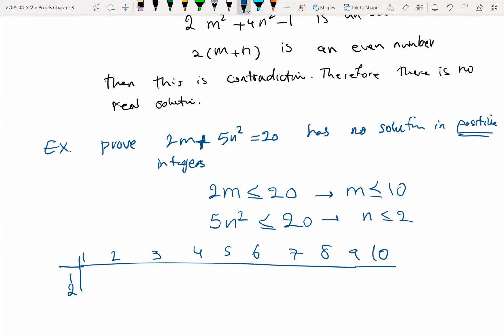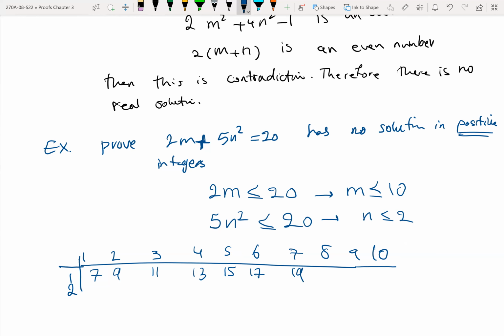Then you can just plug back in. What is 2 times 1 plus 5 times 1? It's 7. What is 2 times 2 plus 5 times 1 squared? It's 9. So you can try, I'm just copying the numbers because I have them.